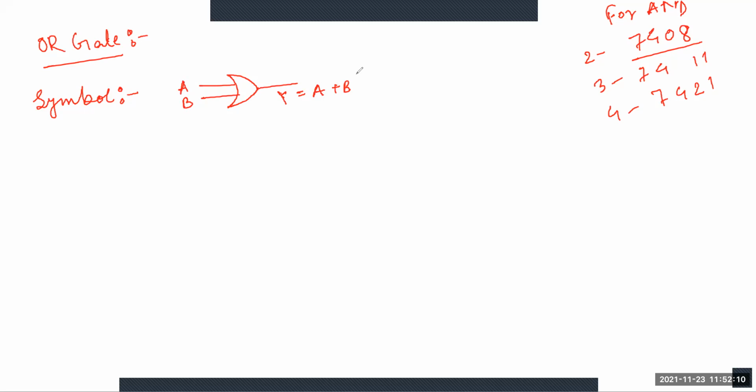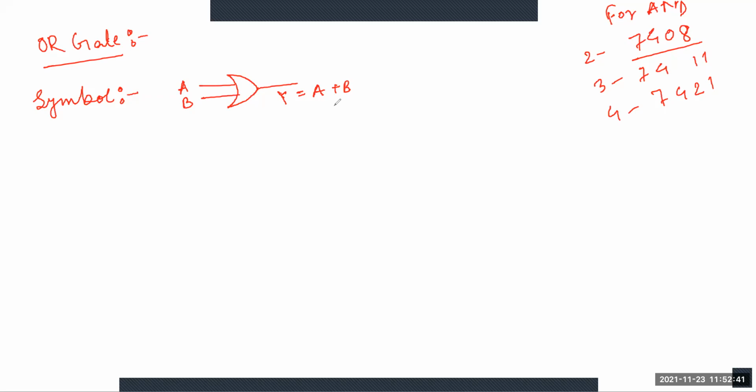For the inputs there may be n number of inputs, but always remember the output is 1. For the AND gate the multiplication functionality is available, and for the OR gate the addition functionality is available. Here I have written y, that is the output, y equals a plus b.